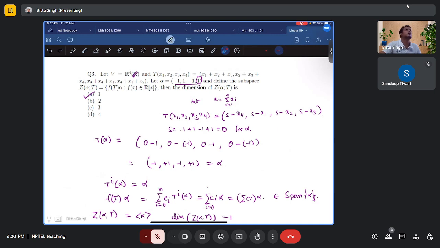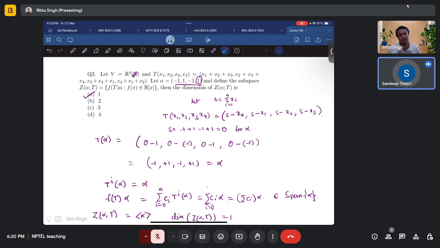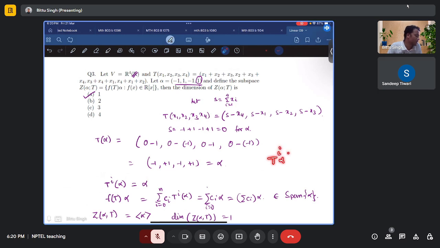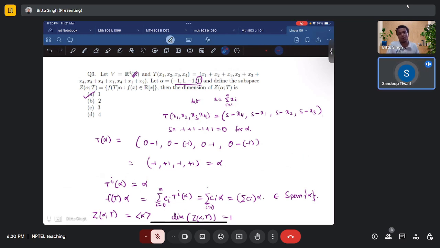But whenever T to the power i alpha is the same as alpha, then we can say this. It may not always be possible.